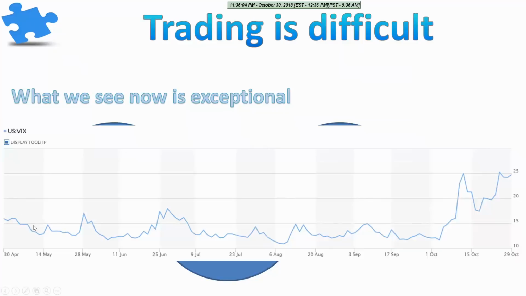So this is the VIX. If you don't know the VIX, it's the volatility index. It's based on options prices, but it is very closely related to the volatility in the US indices. So you can see this up, down, up, down, up, down. You can see the kind of shifts it's putting in, and that's kind of the normal.